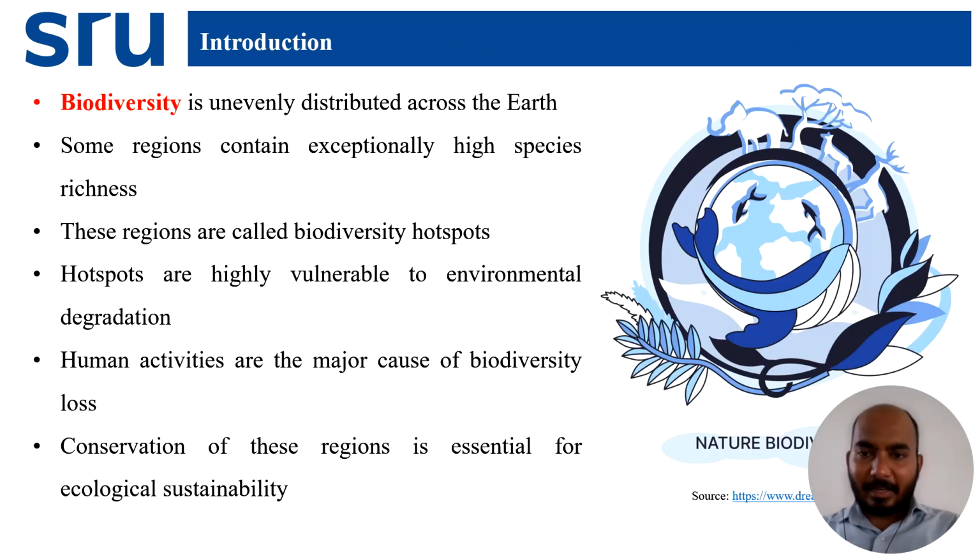From these slides, you can see that biodiversity is unevenly distributed across the earth. Biodiversity is not equally distributed everywhere on the earth. Some regions contain an exceptionally high number of plants and animals, while other areas have less, depending upon the region and climatic conditions.